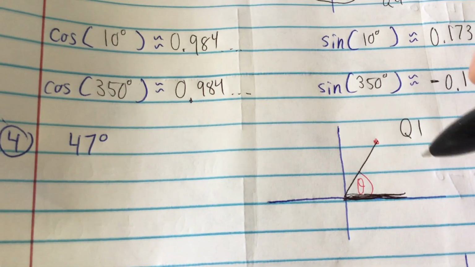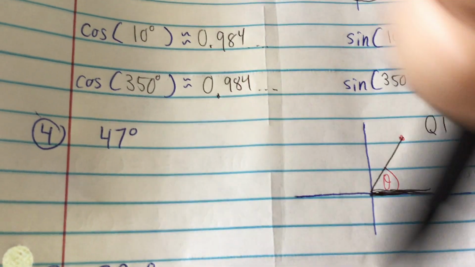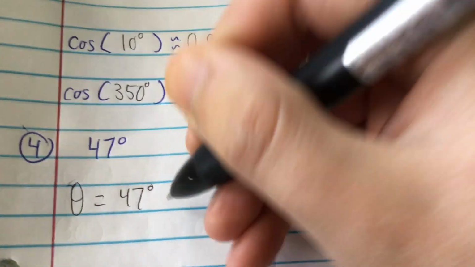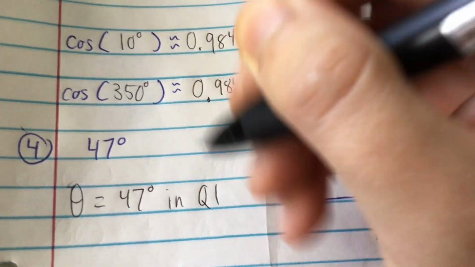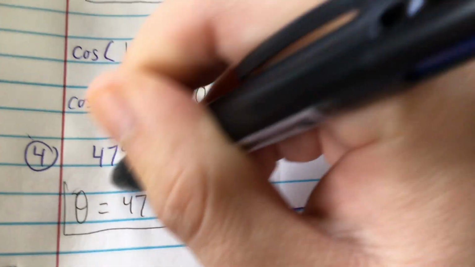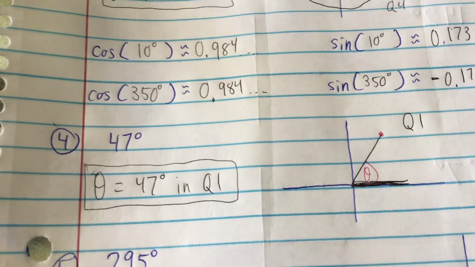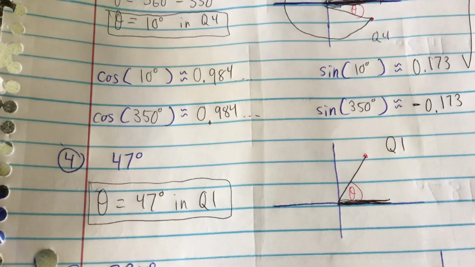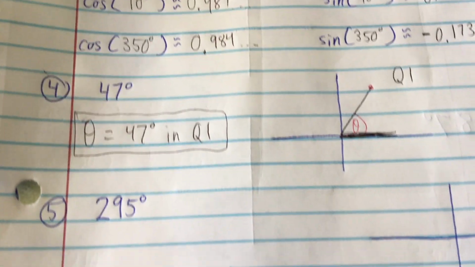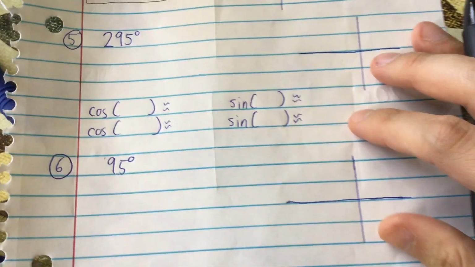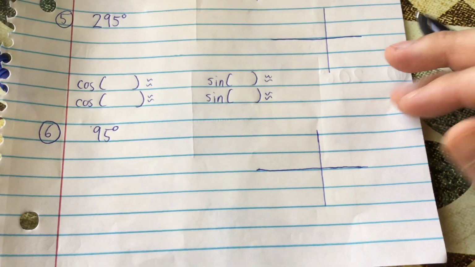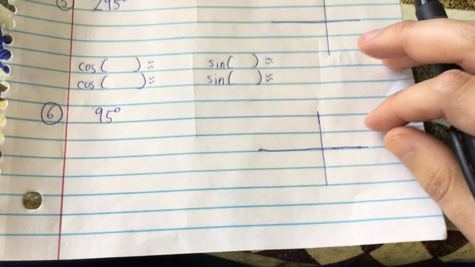Well, 47 degrees is 47 degrees. So that reference angle is 47 degrees in quadrant 1. Once again, an angle in quadrant 1 is its own reference angle. Okay? Now then, see if you can do number 5 and number 6 independently.